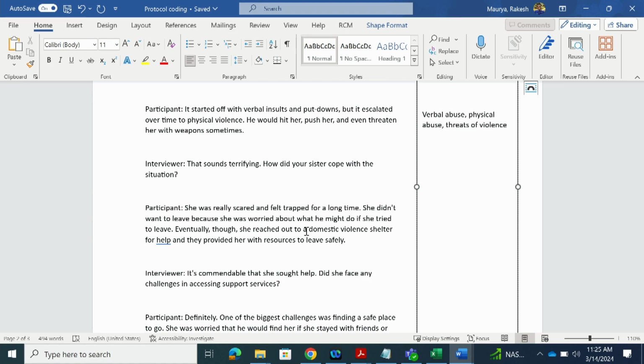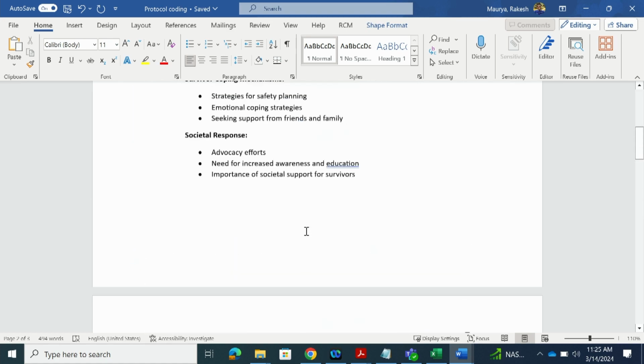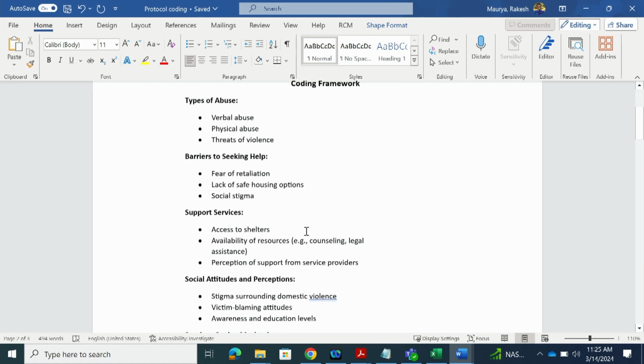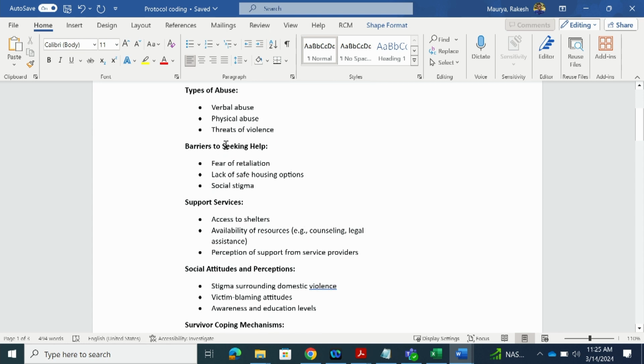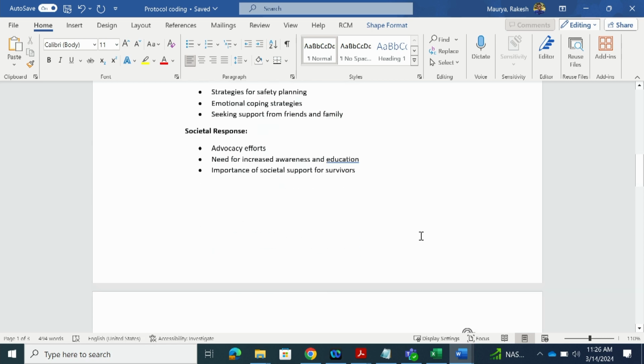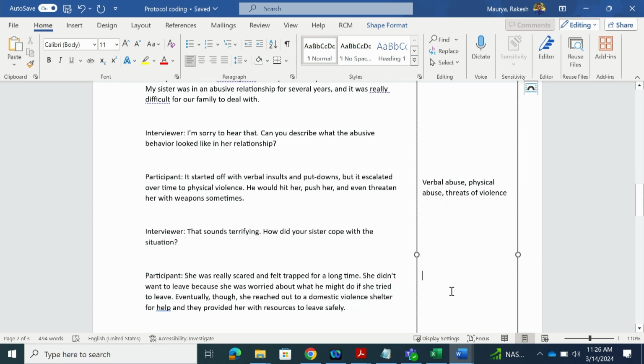So if we go back to our coding manual, the barrier to seeking help, which is fear of retaliation, I think this code applies there, because she didn't leave for some time because she was scared this person might hurt her in retaliation if she did so. So let's code it here. Fear of retaliation.